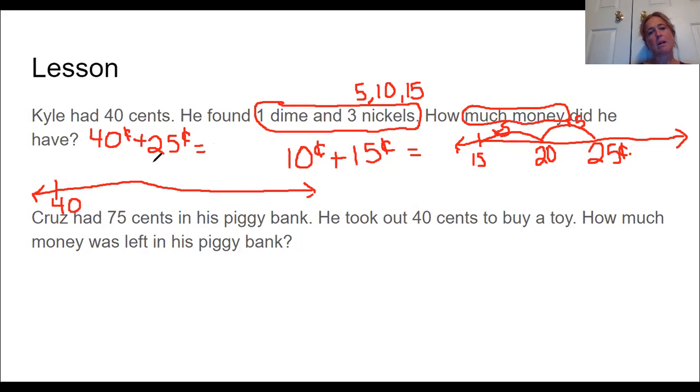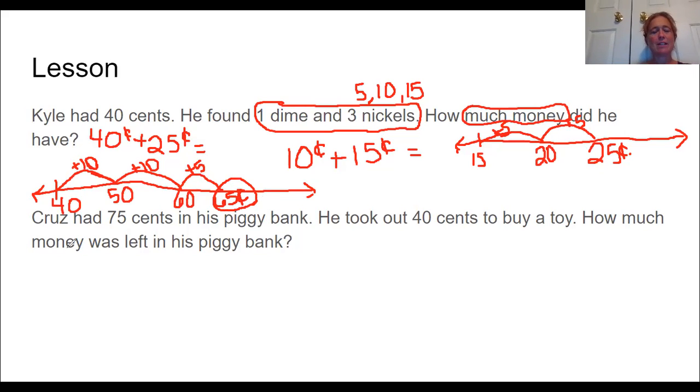We're adding 25, so I'm going to start by adding 10, and that gives me 50. Then I'm going to add another 10, and that's 60 cents. And then I'm going to add another 5, because that's what we need to get to 25. And that's 65 cents. So Kyle had a total of 65 cents.